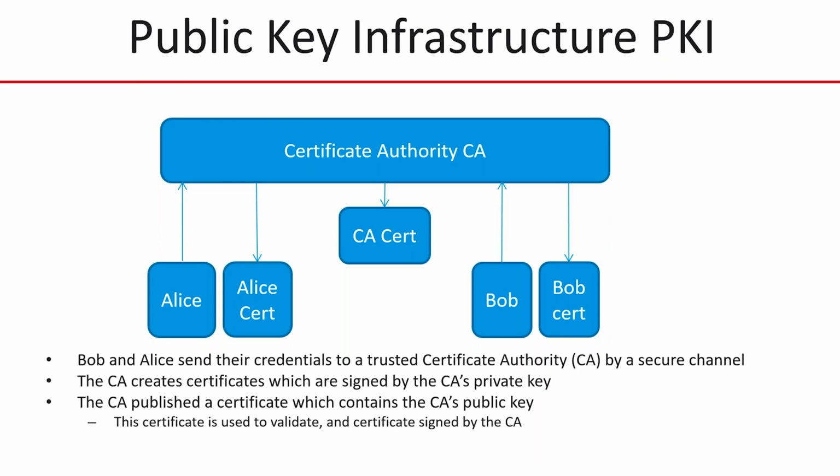One of the main ways to do this is to have a trusted third party called a certificate authority. We give all of our credentials to the certificate authority, and they will generate an X.509 certificate, which is signed by their private key. They'll return our credentials in the form of a certificate with their signature on the bottom.